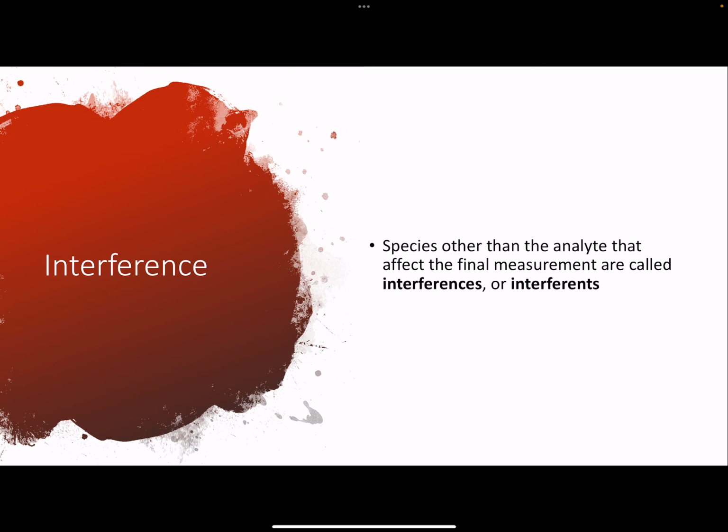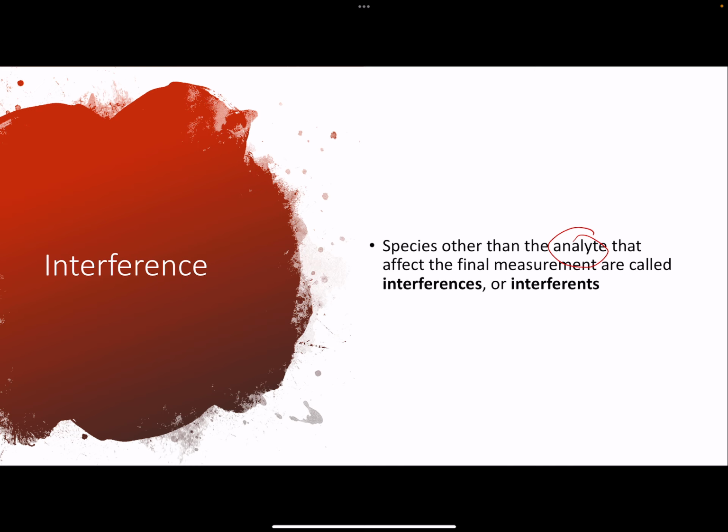Okay? However, one of the main reasons we perform separations is because we want to avoid what you call interference. Interferences are species other than the analyte that affect the final measurement of our readout device.